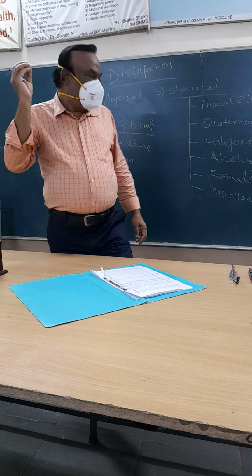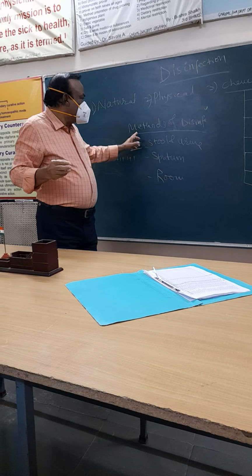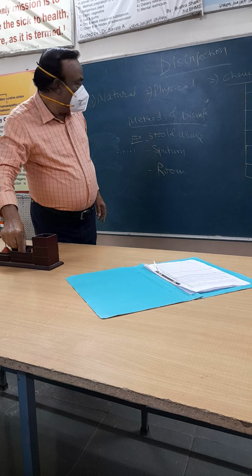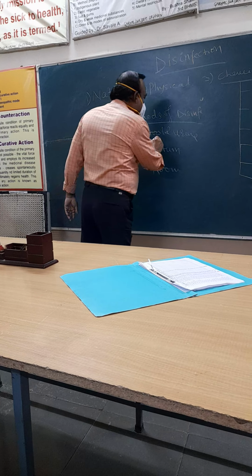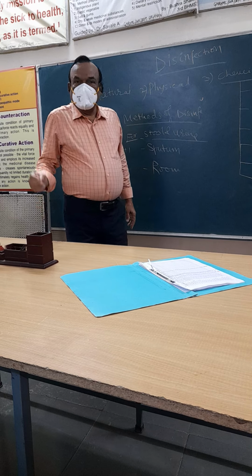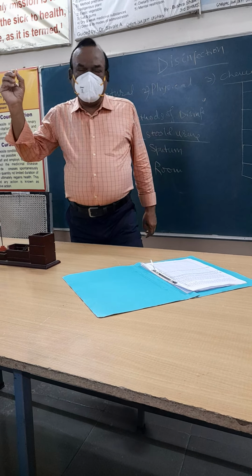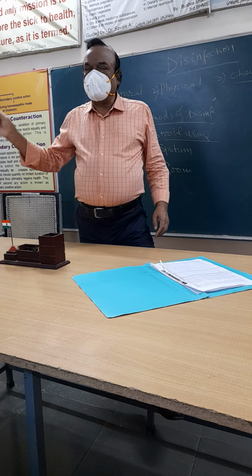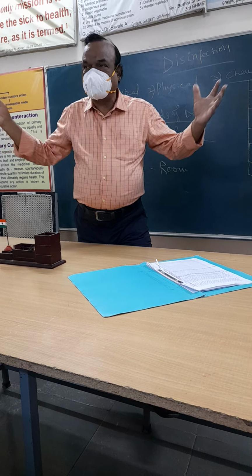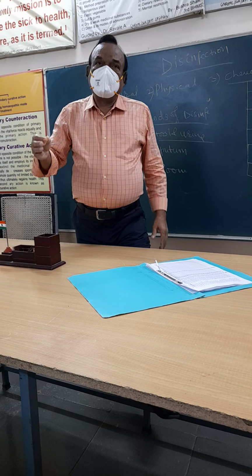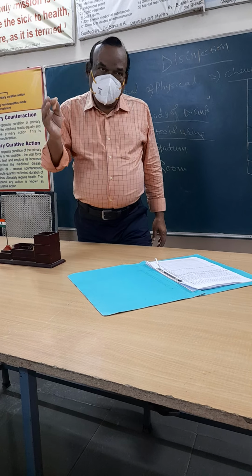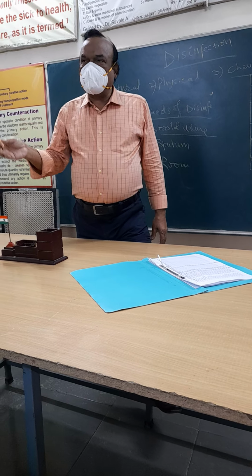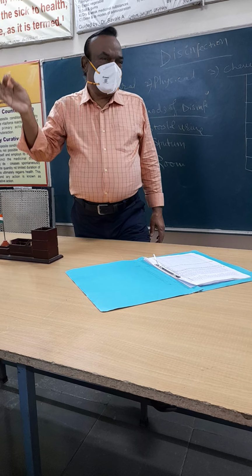What are the other methods of disinfection we carry out in day-to-day life? Number one is how to disinfect stool and urine. The very commonly accepted procedure is that the stool and urine are collected into a large vessel, and into that an equal amount of warm water, or bleaching powder, or soap water, whatever is available, is added.